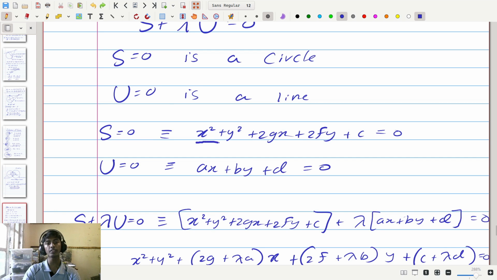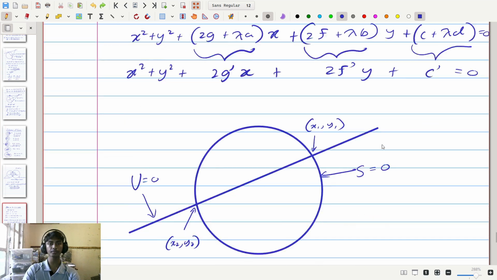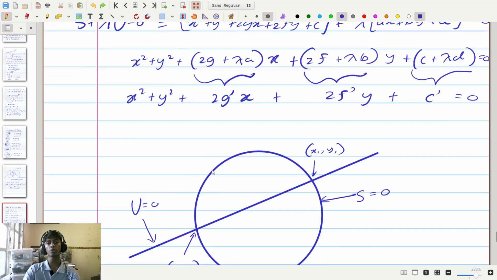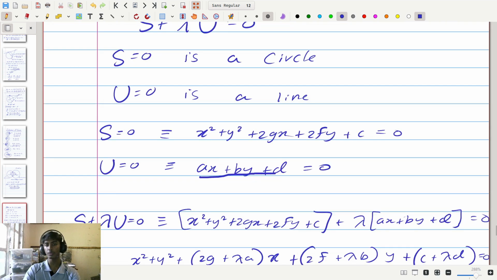Similarly, substituting x equals x1 and y equals y1 into S, we will also get 0. Similarly for (x2, y2), since it is on U equals 0 and S equals 0 both, substituting x equals x2 and y equals y2 into each will give us 0.